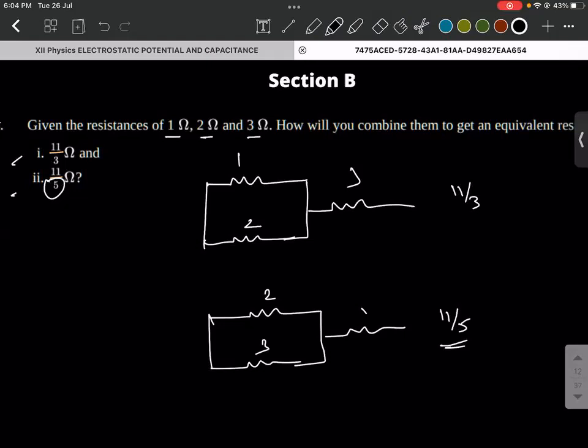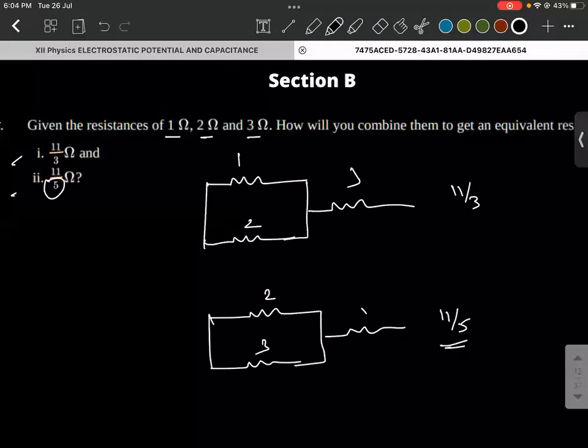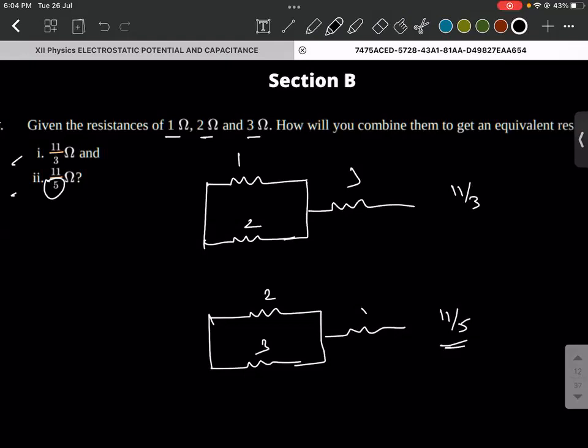So we'll stop with this, and the remaining problems we'll discuss tomorrow. We'll wind up this.